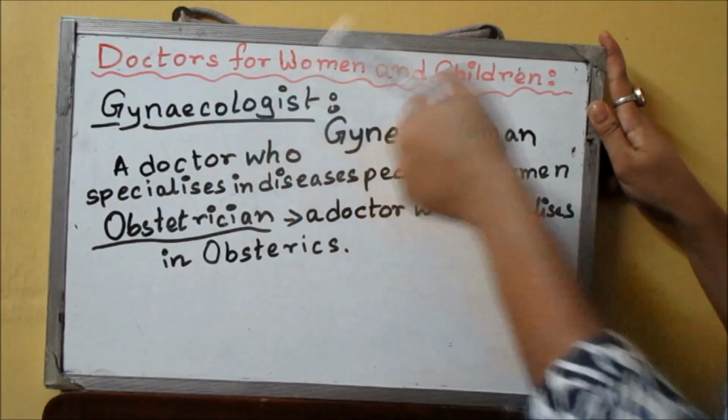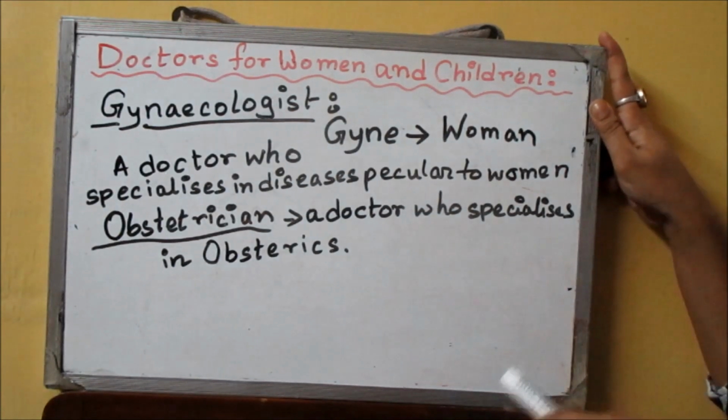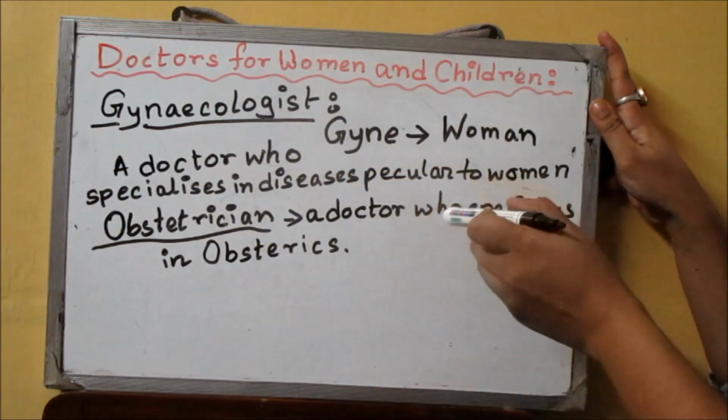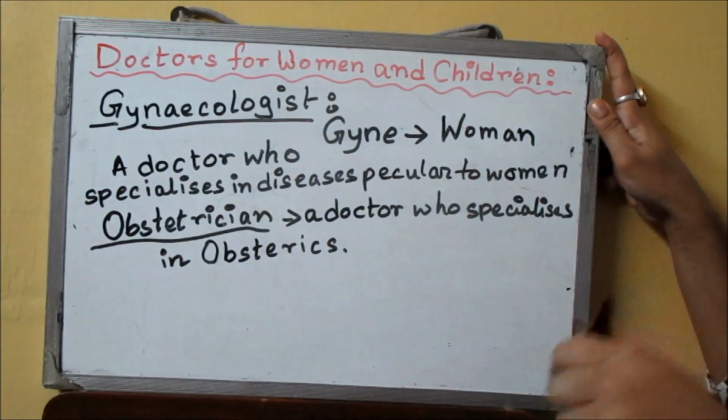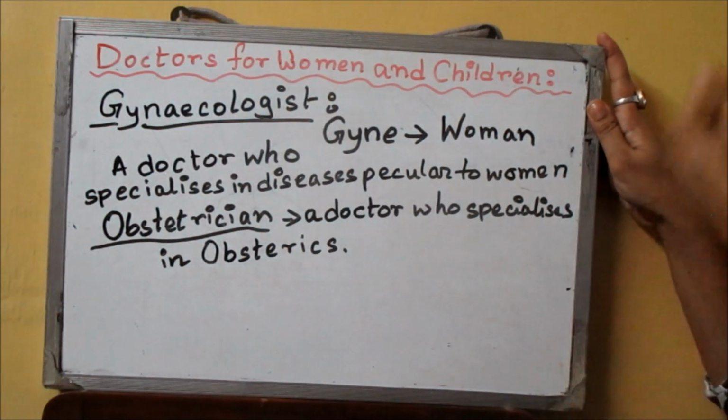So again, a gynecologist is a doctor who specializes in diseases peculiar to women, and an obstetrician is a doctor who deals with the surgery and specifically pregnancy, etc.